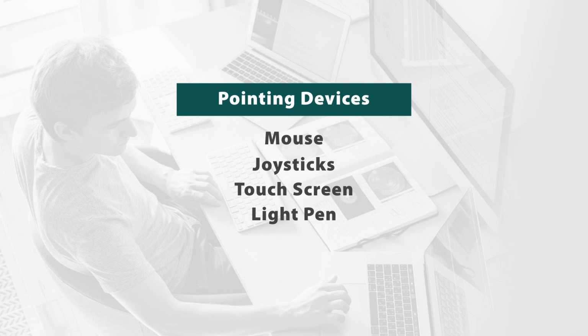You might have seen such devices commonly used in the entertainment industry, or on TV, where a person uses a pointing device like a light pen to show something on the screen. So the light pen also works as a pointing device to the computer system.